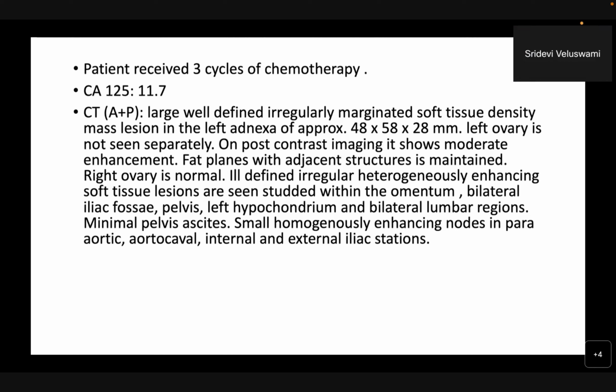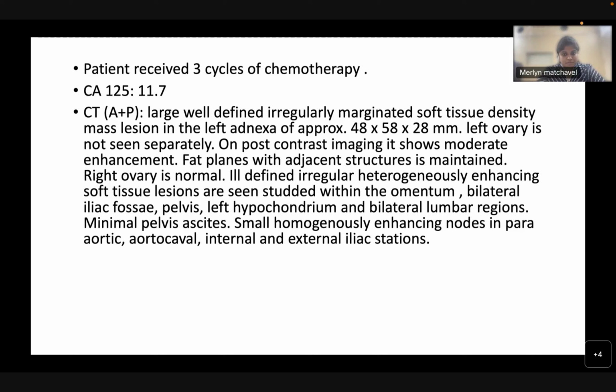When would you do a secondary cytoreduction? What are the indications? First it has to be operable, and it's preferable to be done in platinum sensitive patients. What is the definition of platinum sensitive relapse? If they have a disease-free interval of more than 6 months after platinum therapy, that is, if the disease relapses after 6 months.